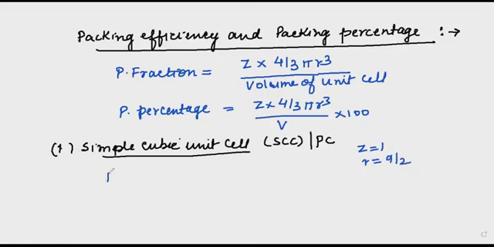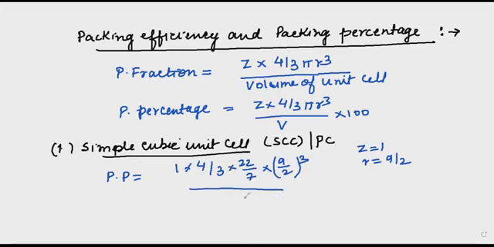So packing percentage, I directly write 1 into 4 by 3, 22 by 7 in place of pi, R value is a by 2 whole cube upon a cube into 100. That comes to 52.4 percent. This is the packing percentage.